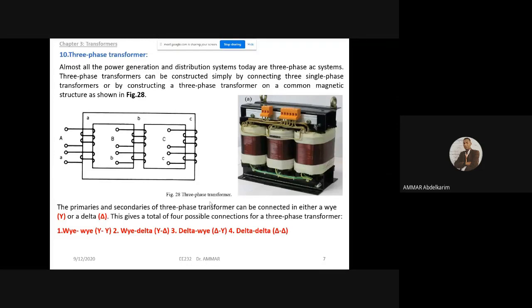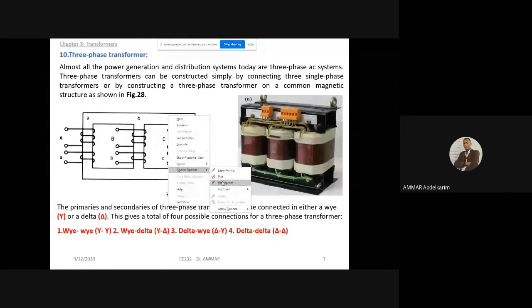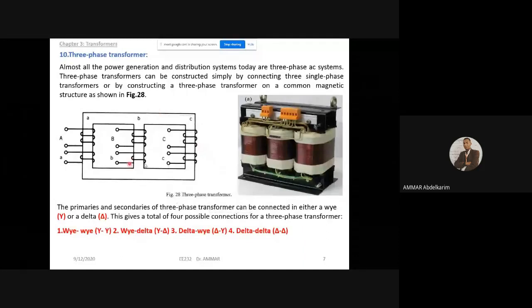Three-phase transformers can be constructed simply by connecting three single-phase transformers, or we can have a three-phase transformer with a common core like this.